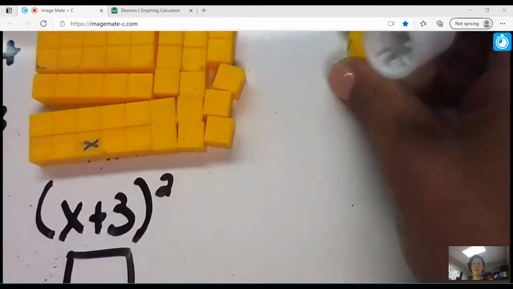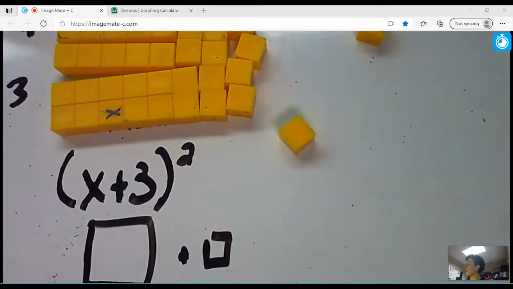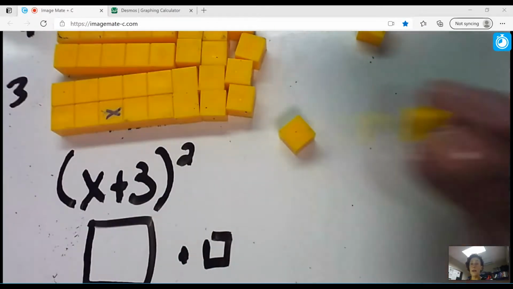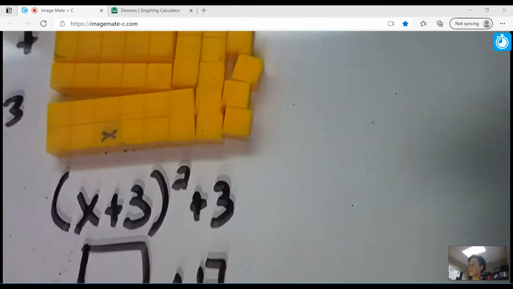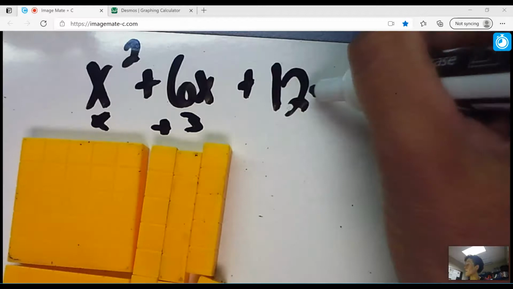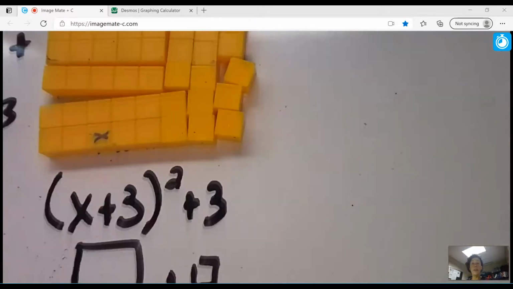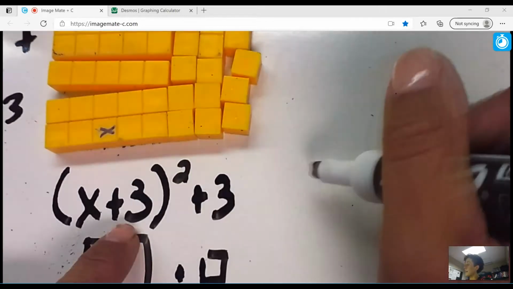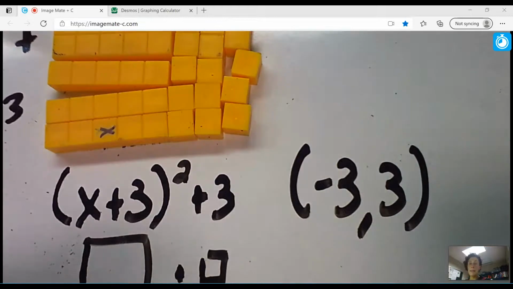I have 3 more of these little squares, and each little square, if you remember, is worth 1. So plus 3. So again, what we did is we just went from standard form, and I can see its y-intercept, it's 0, 12, to vertex form, and I can see its vertex, so I take the opposite of this number, and this one I don't take the opposite.